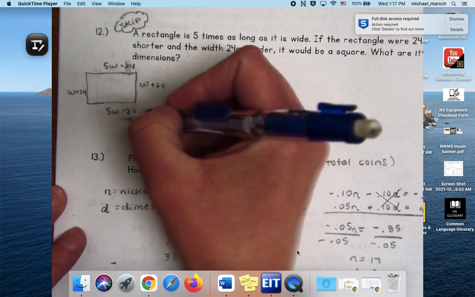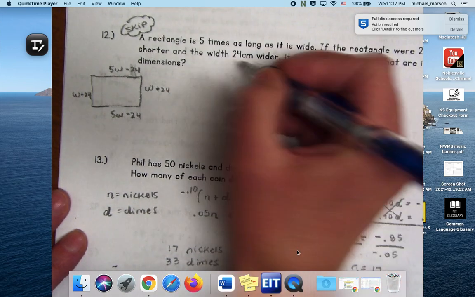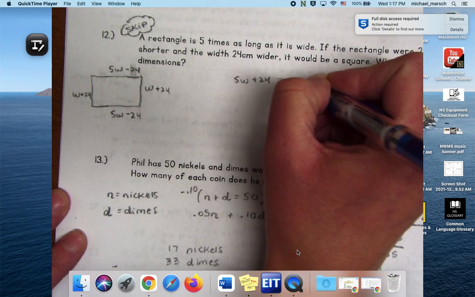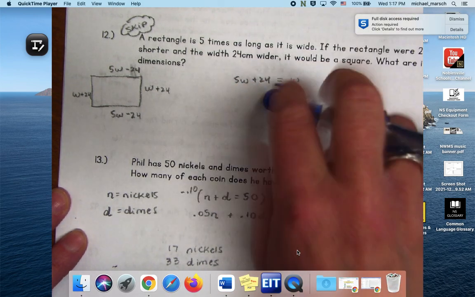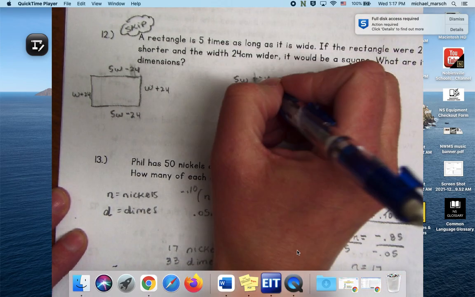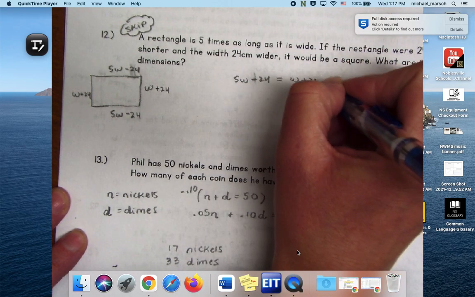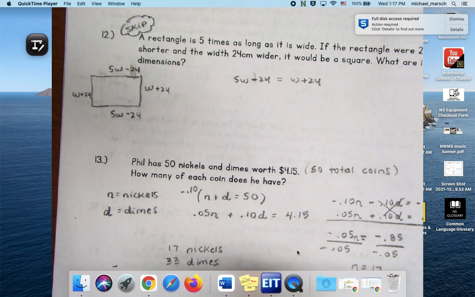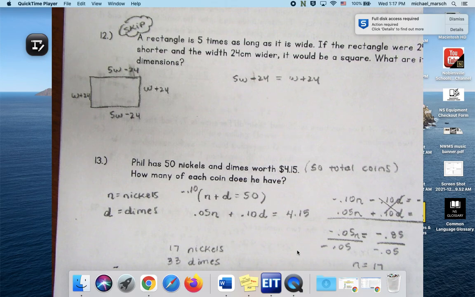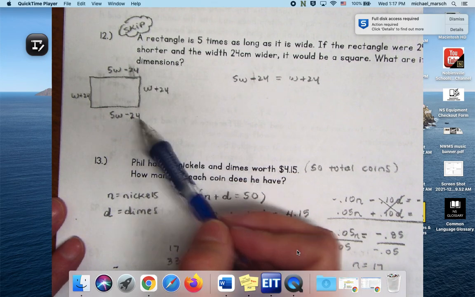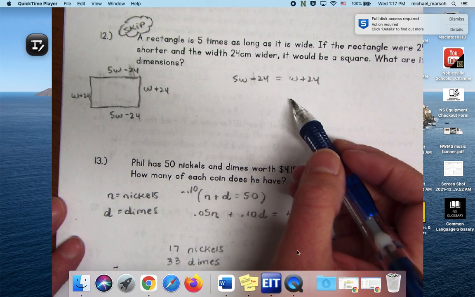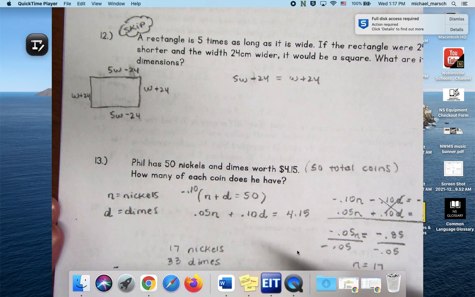If these are now a square's dimensions, that tells me that 5W minus 24 equals W plus 24, because a square has all 4 sides the same length. So by doing this, we now know these are all the same length, and now I can solve for W, and that will help me find the length.